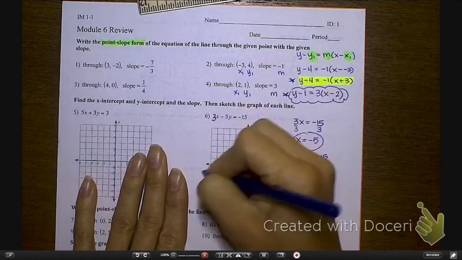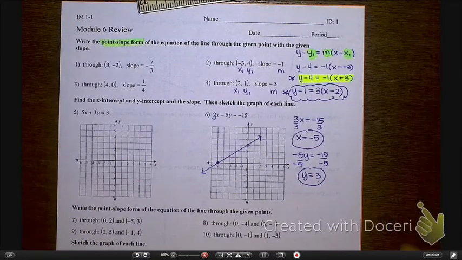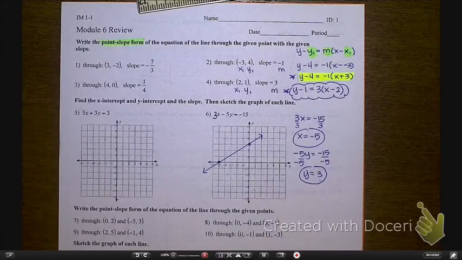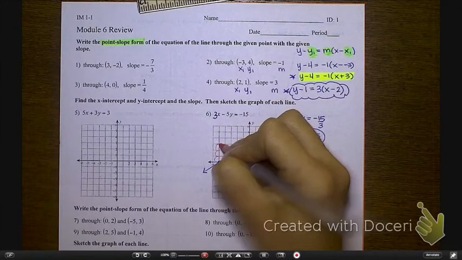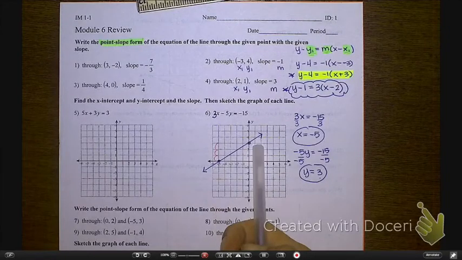Okay, from there, the last thing I need to do still is find my slope. So to find my slope, I can use the graph I just made. I can count the rise and the run, right? So the rise is 1, 2, 3. Remember, I always start at the point on the left and I go to the right.